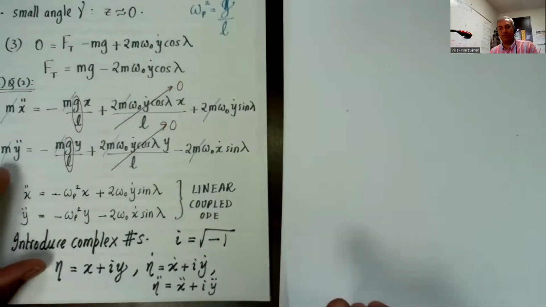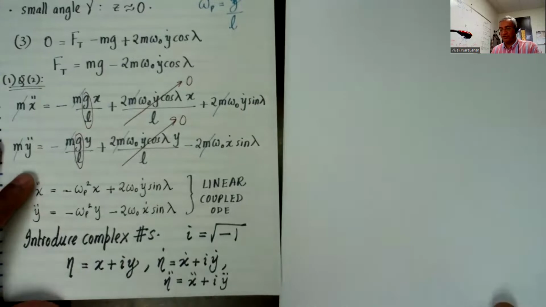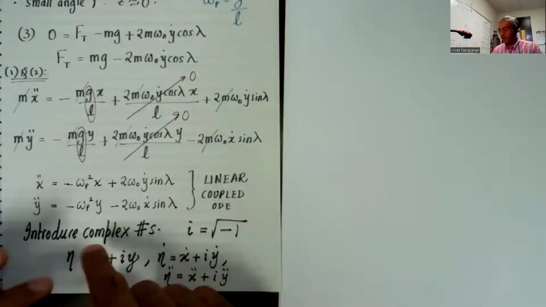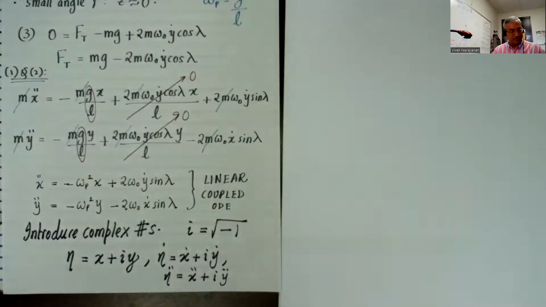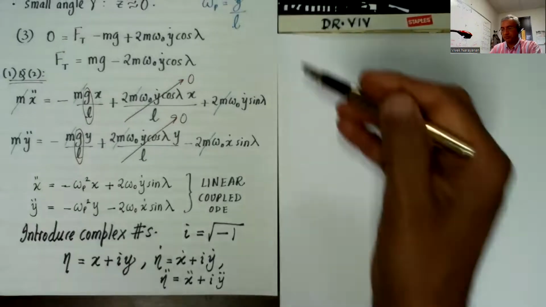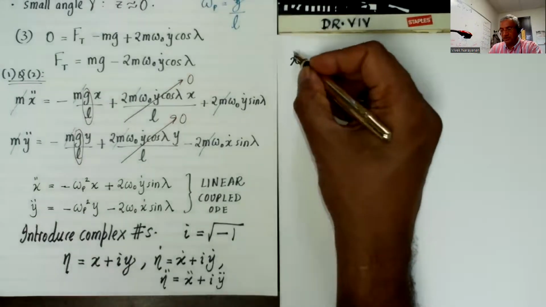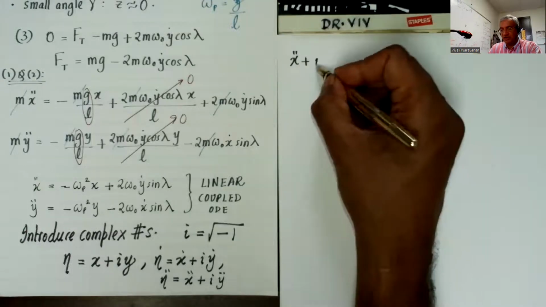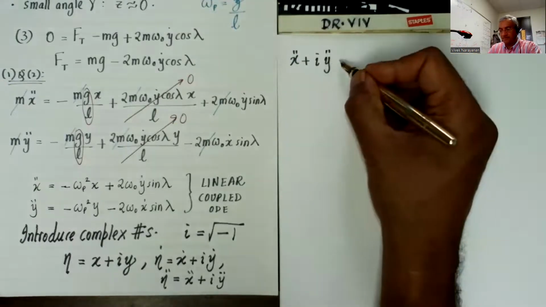So now we're going to use this to cast this equation in an interesting way. The way I'm going to work with it is I take the first equation and add it to i times the second equation. Let's do that. So I get x double dot plus i times y double dot.